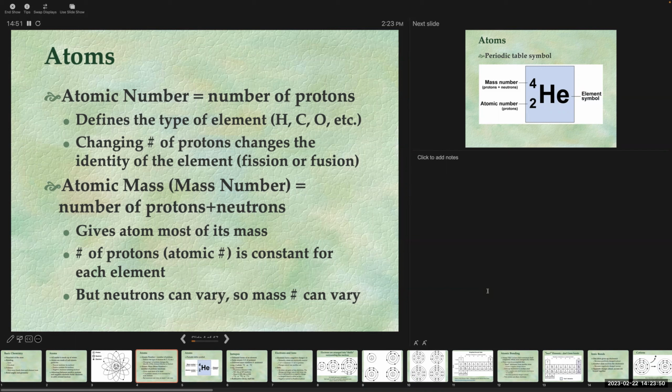The other way of modifying the nucleus of an atom is what's called nuclear fusion. With fusion, generally what happens is you start with things that have very small nuclei and you slam them together in such a way that their nuclei actually fuse together, hence the word fusion. This is what powers the sun. In fact, probably all stars are powered by nuclear fusion.